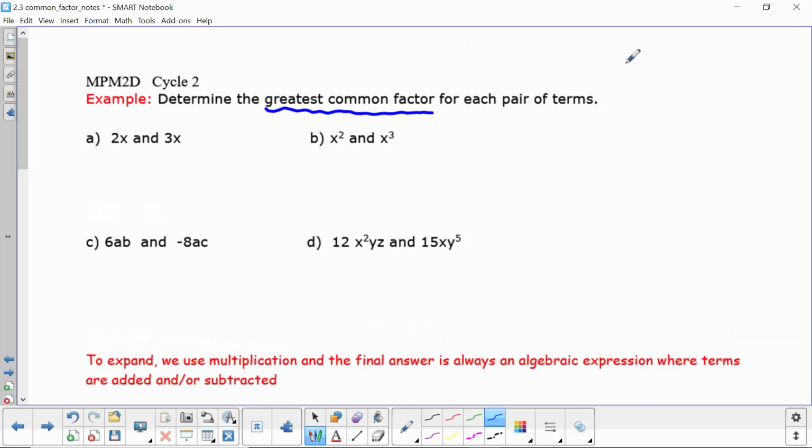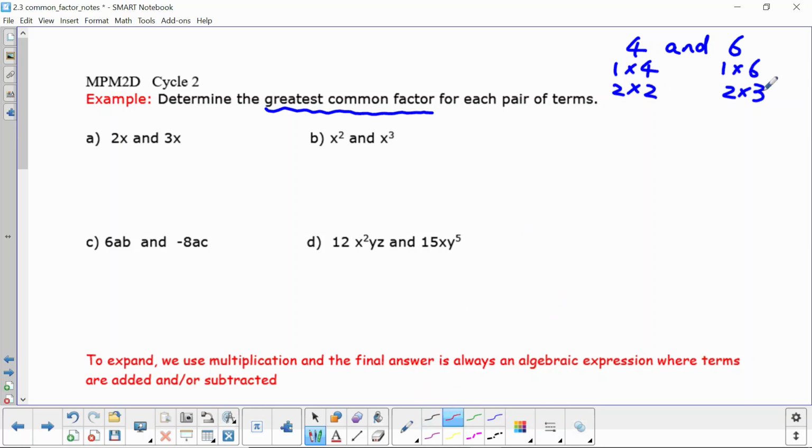So for example, we have 4 and 6. Which number will go into each? Check your factor sheet. You will see 4 is 1 times 4, 2 times 2. And 6 is 1 times 6, 2 times 3. How to find the greatest common factor?